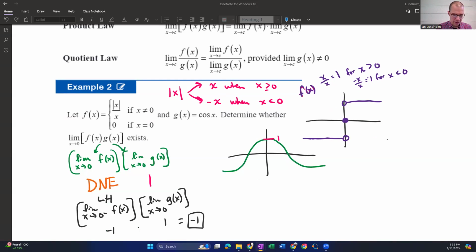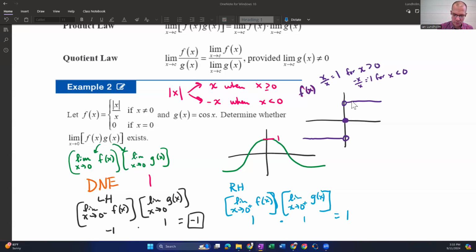If I did the same thing then for the right-hand limit, the first limit going to 0 from the right of f of x, we'd go back into the purple function and see that that one's a 1. And then cosine still goes to 1, even coming from the right. So this one would be 1, and we'd have 1 times 1 equals 1.